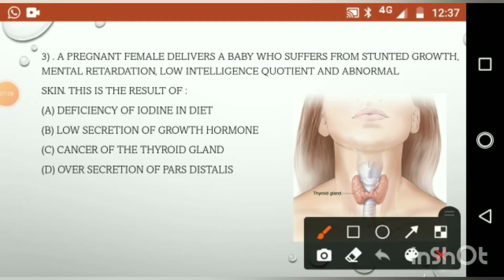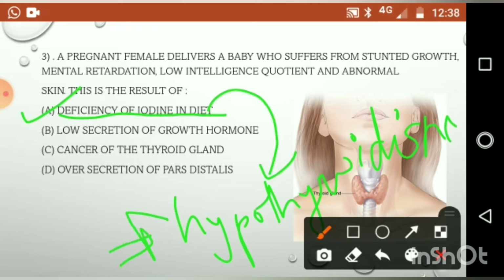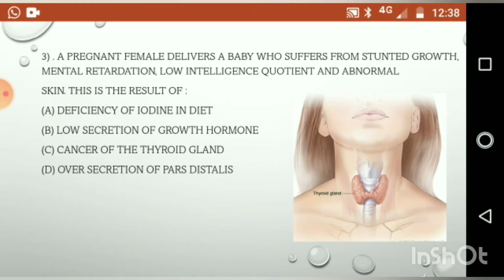So the correct answer for this MCQ is A, deficiency of iodine, which will cause hypothyroidism. Let me explain this.